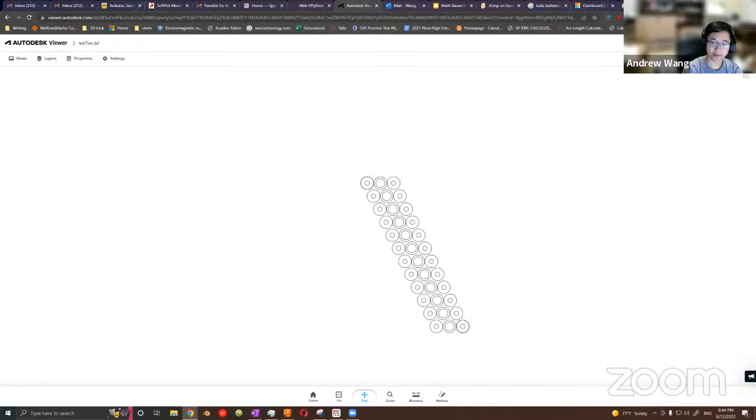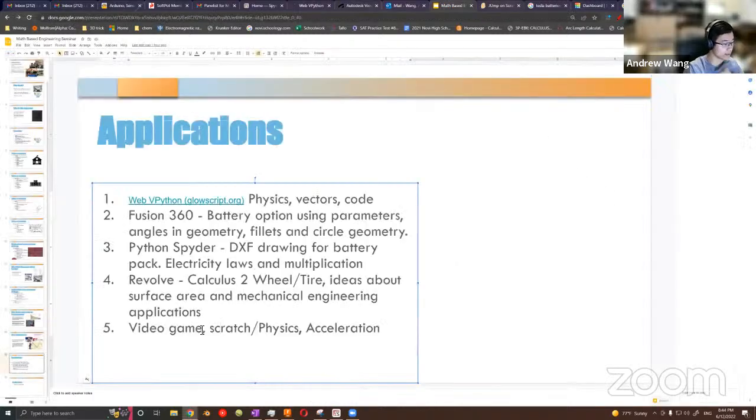All right, any other questions about this particular design? I'm going to move on to video game application, Scratch, physics, and acceleration after this, and also some calculus concepts along with it in a second. Any specific questions about projects you've worked on in the past? Say like you're part of a robotics team and you recently finished up something really cool.